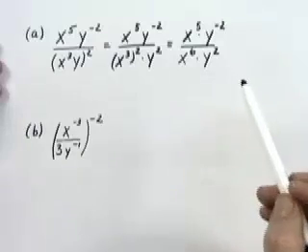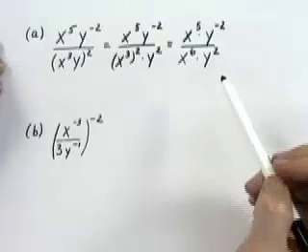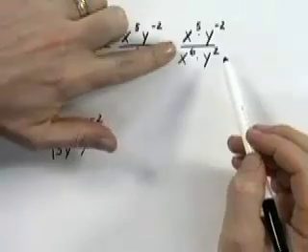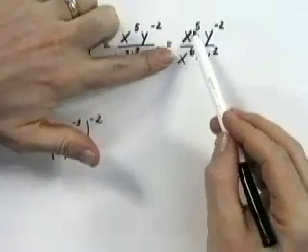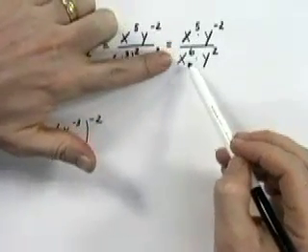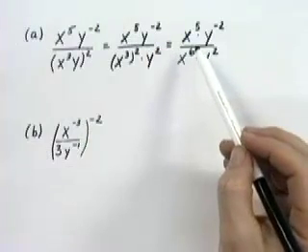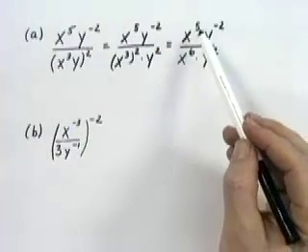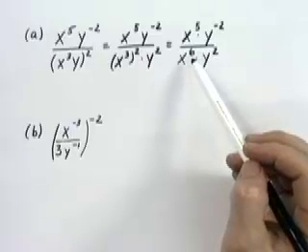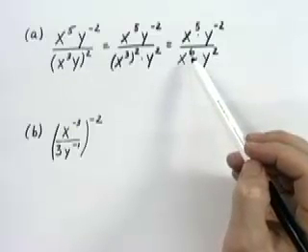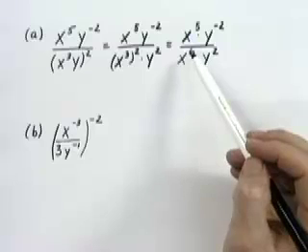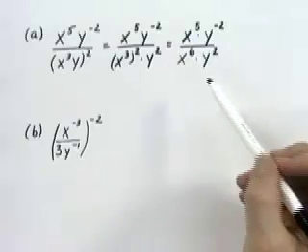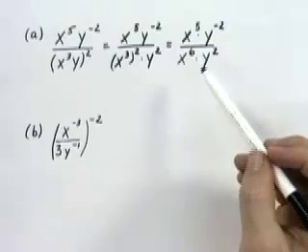Now here's a situation where thinking ahead is going to pay some dividends for you. We have the same base here, x to the fifth divided by x to the sixth. Now I could rewrite this as x raised to the 5 minus 6 power, but if I do that, I will result in x to the negative 1 power, and then I'll have to get rid of that negative 1 exponent.